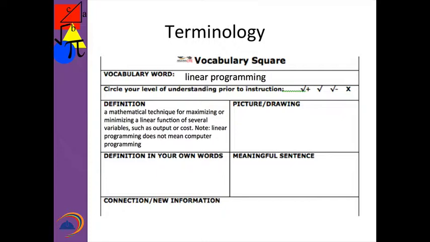It's going to minimize or maximize a linear function of several variables such as output or cost. It has nothing to do with computer programming. This term was around a lot before we ever, in the dark ages back in the 60s and 70s, did computer programming. So complete the vocabulary square, and teacher, have the students share their meaningful sentence.